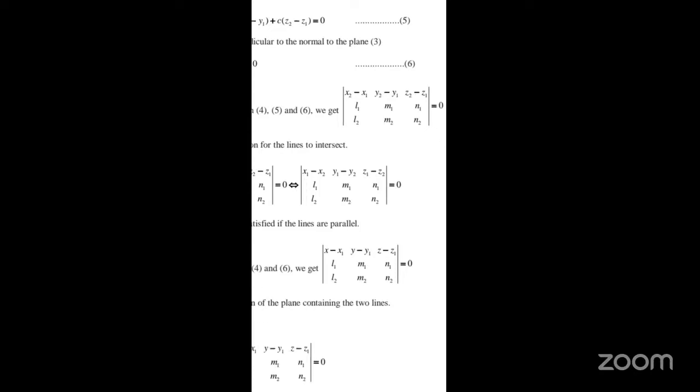Since both lines are symmetric, the condition is the determinant with rows x2 minus x1, y2 minus y1, z2 minus z1; the first line's direction ratios l1, m1, n1; and the second line's l2, m2, n2. Equating the determinant to 0, we get that the lines are coplanar.